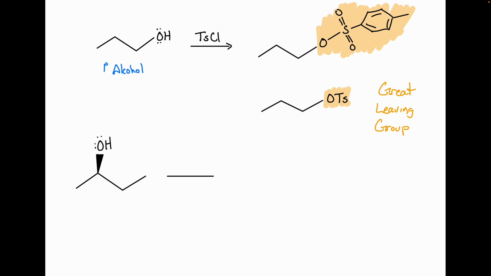All right, importantly, because our tosyl chloride is not reacting with that carbon, with that stereocenter, but rather just binding to that oxygen, what we will see is that there is no stereochemical inversion when we convert that oxygen into that good leaving group.